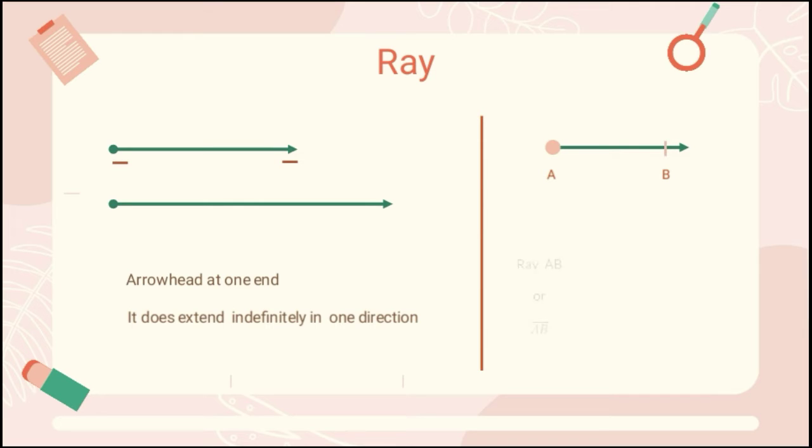We can call this ray AB or AB with a tiny ray over it. This tells us that the ray starts at point A and goes indefinitely in one direction. But it can be written ray BA or BA with a tiny ray over it.